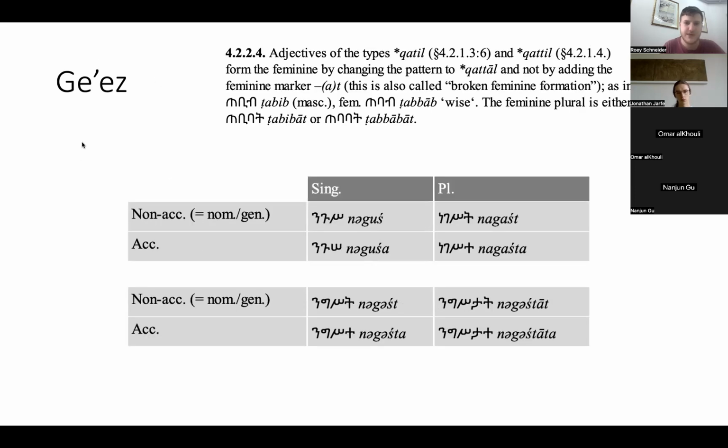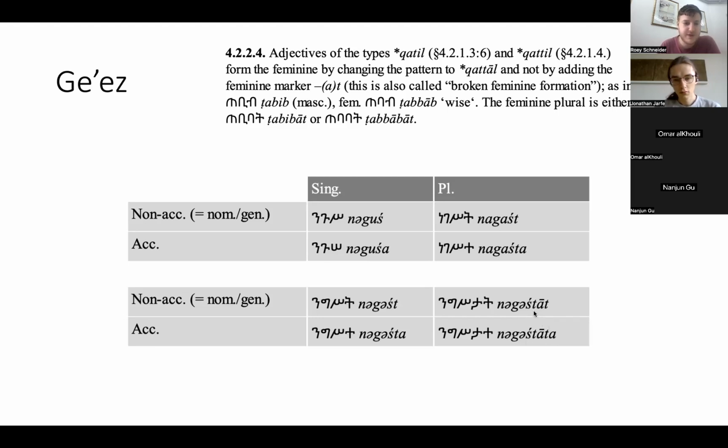Okay, so this is the nominal inflection. Usually very easy. Nagus, nagast, nagusa, nagasta. So we can see this broken plural. Both the pattern is changed and there's a suffix. We've already talked about these things. And the feminine, nagist, nagista, nagistat, nagistata.